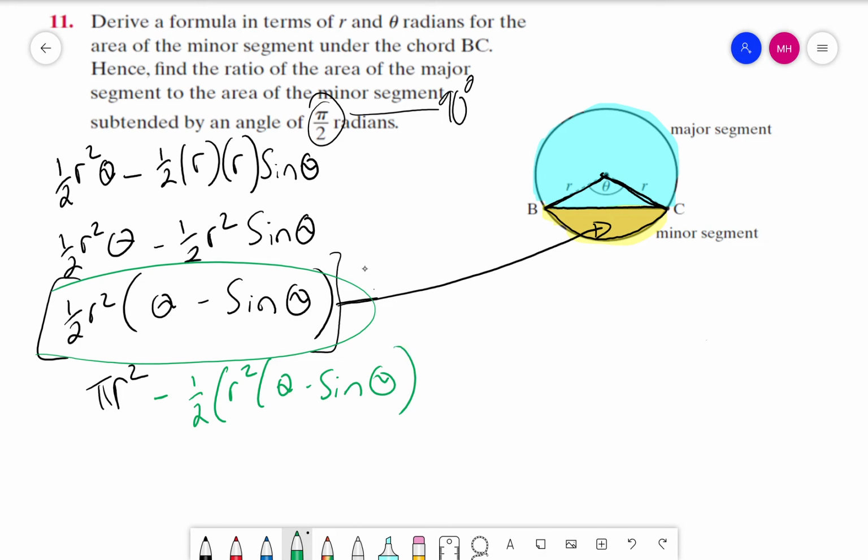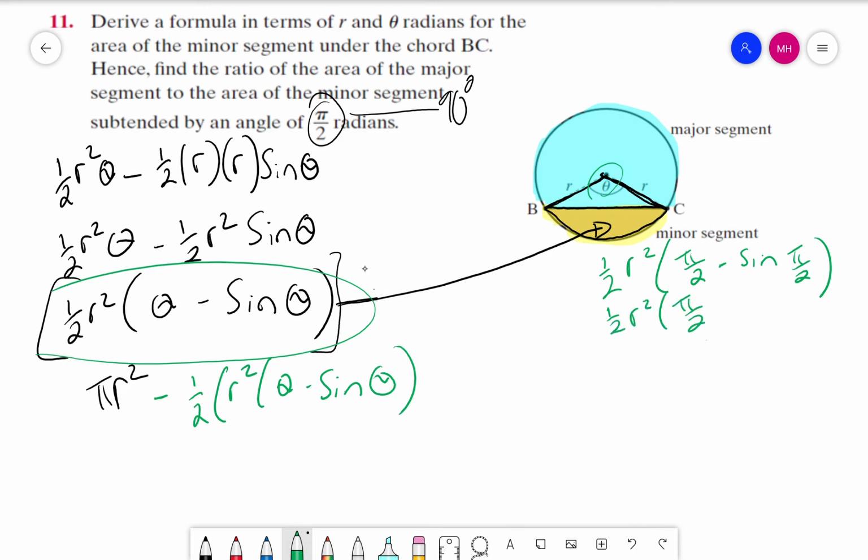And before we go any further, we might as well work out what the minor segment is given an angle of pi over 2. So what would a half r squared by pi over 2 minus sine pi over 2? So half r squared pi over 2.